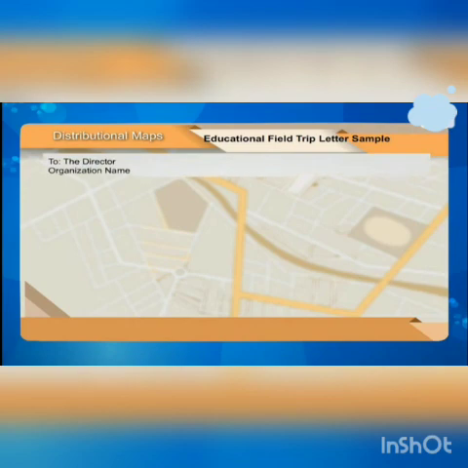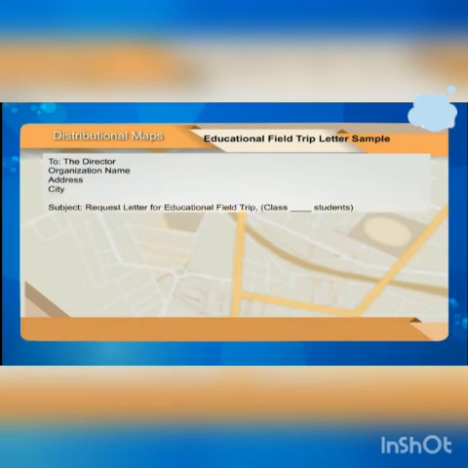Educational field trip letter sample. Suppose we are going to some area, we have to take permission before going. So how are we going to write? The director, organization name, address, city address, request letter for educational trip of class, the particular standard we have to mention. We are 9th standard students. We seek permission to come to that area, whether a dam, museum, wherever. So we need permission.